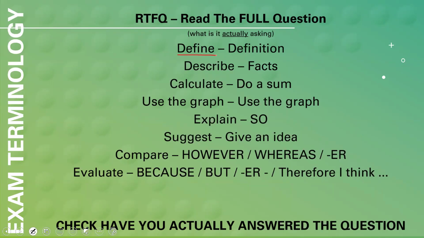Define, definition. Describe, list the facts. Calculate, do a sum. The most likely thing you're going to get tomorrow is a graph. Make sure you use the graph. If it says use figure 3, make sure that whatever it says on figure 3, you use.